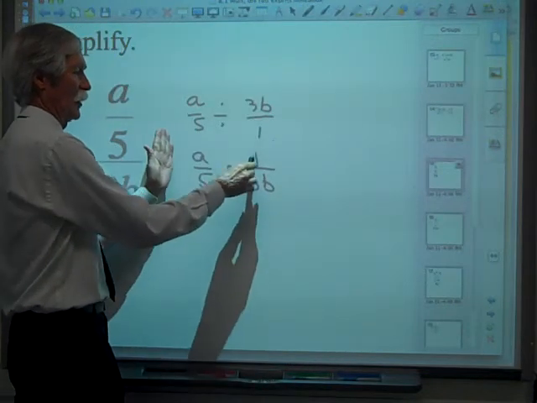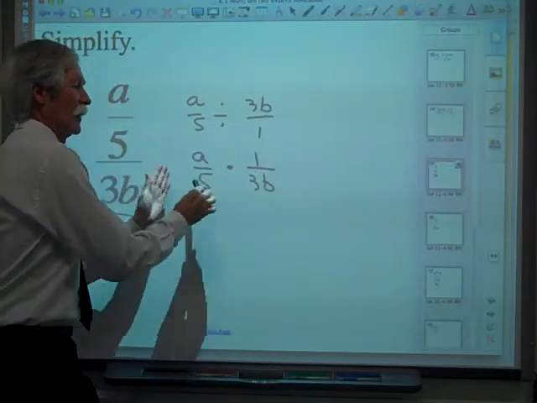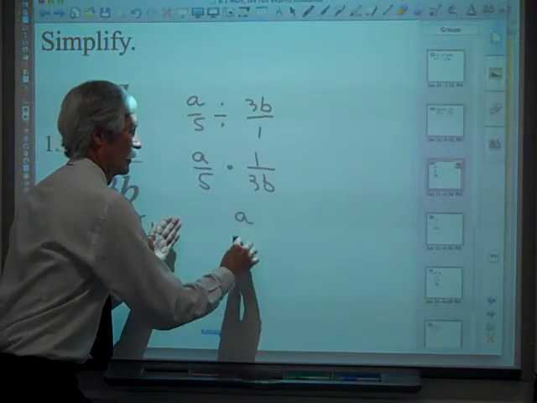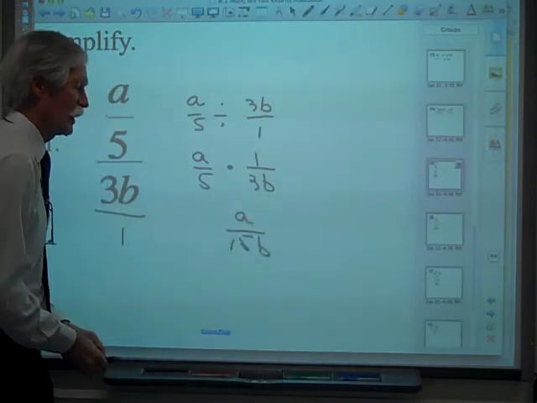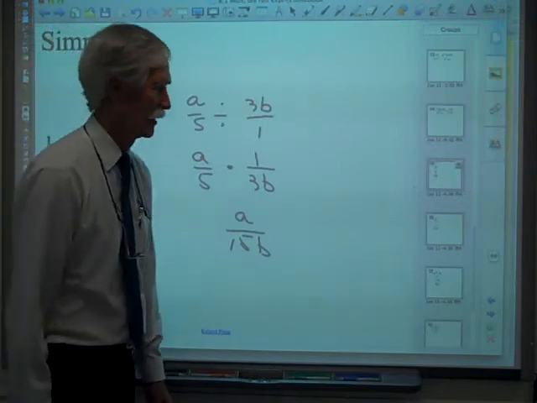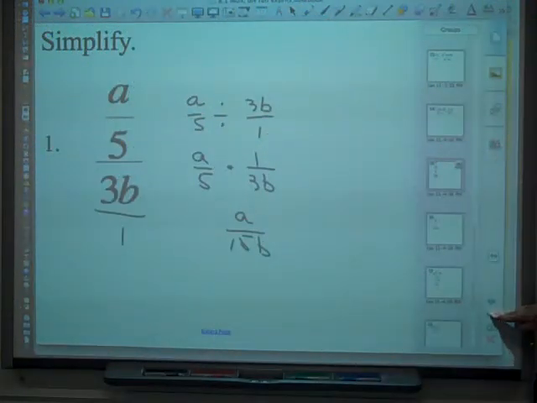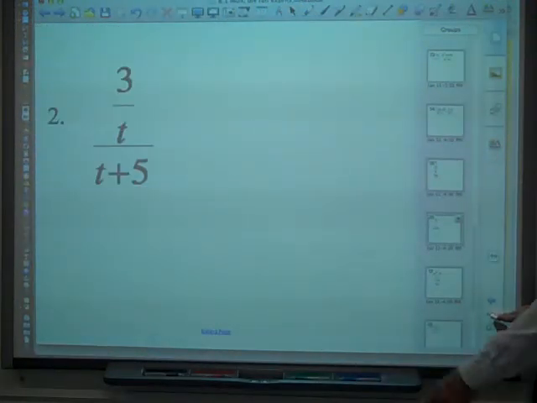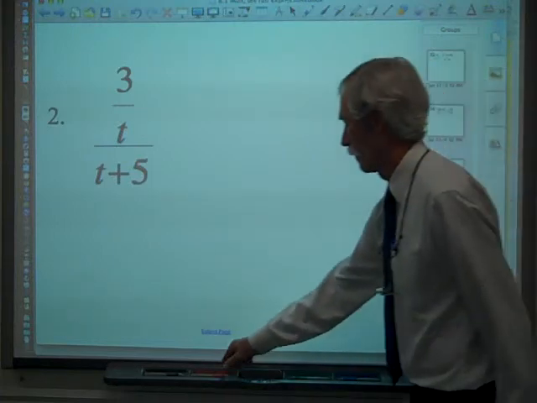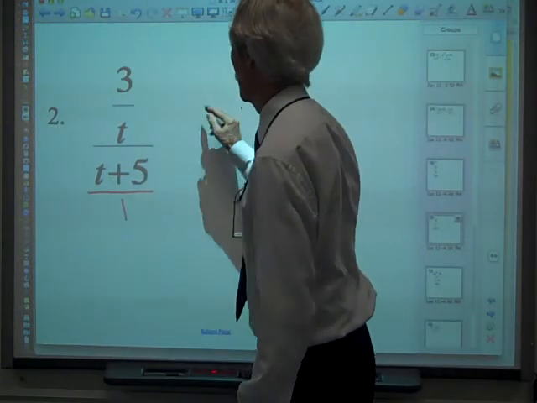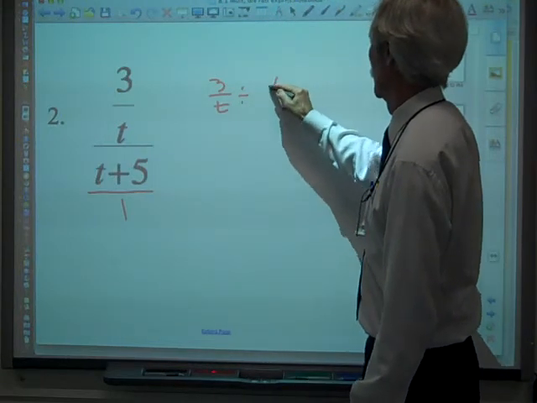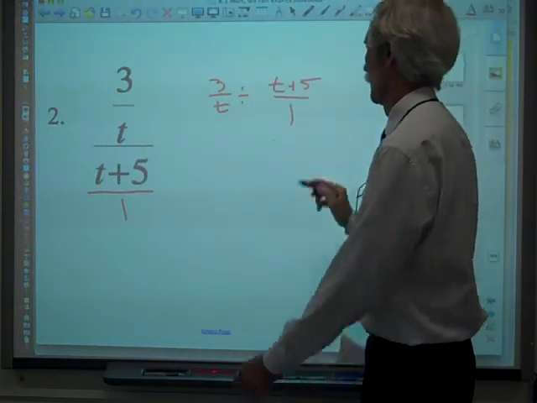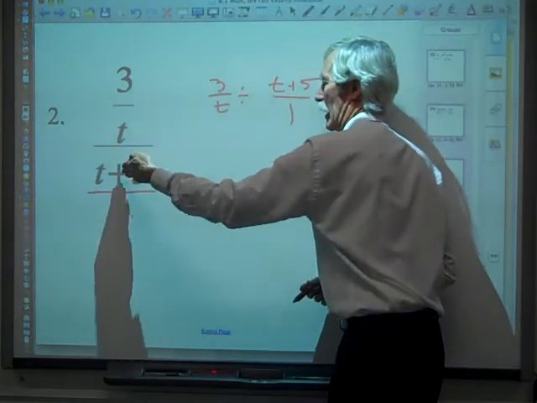You leave the first one alone, turn the second one upside down, and multiply it. A over 15b. Same idea there. Put that over 1. Is this 3 over t divided by something?